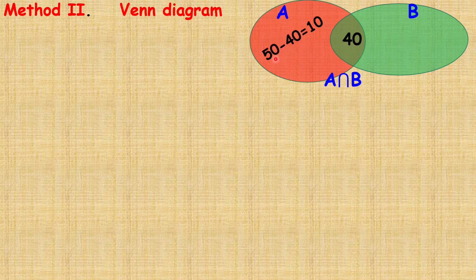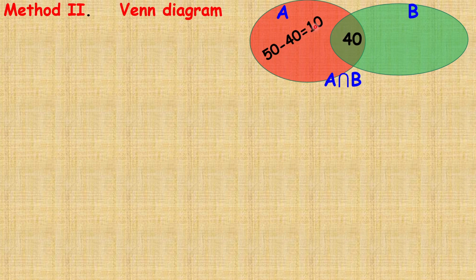So the elements only in set A are 50 minus 40, which is equal to 10.